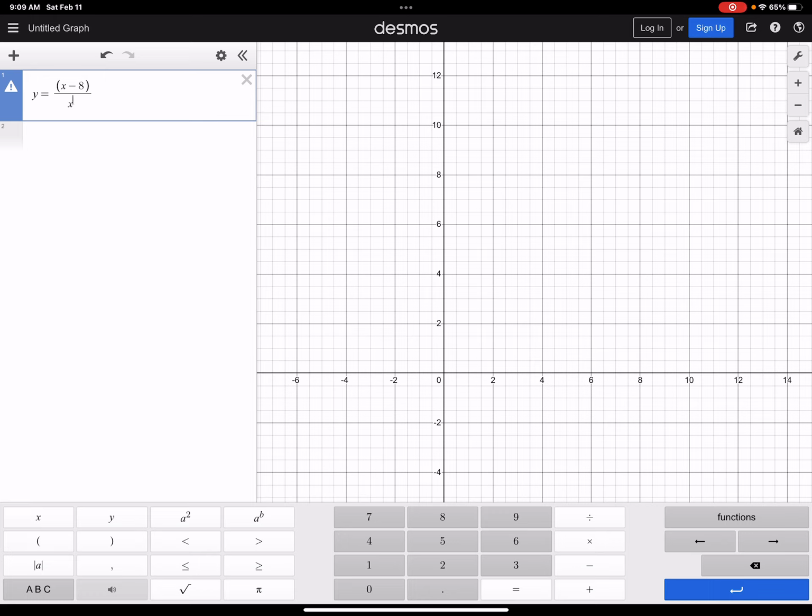I'm going to write the power 1 over 3 instead of the root, the third root, and then we had minus 2. Okay, so this is the graph, quite beautiful, isn't it?